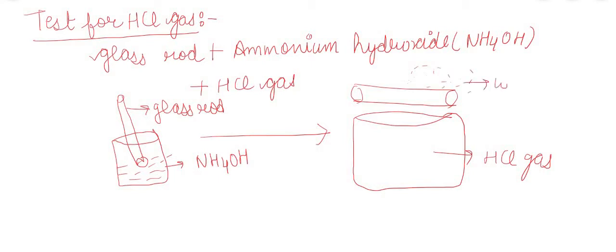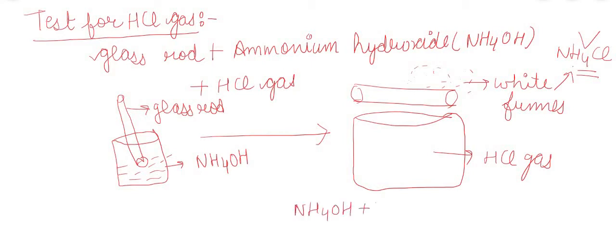Those white fumes are due to the formation of a compound, ammonium chloride. This ammonium chloride is formed by the reaction of ammonium hydroxide with our HCl gas, and there is a formation of ammonium chloride plus a water molecule.